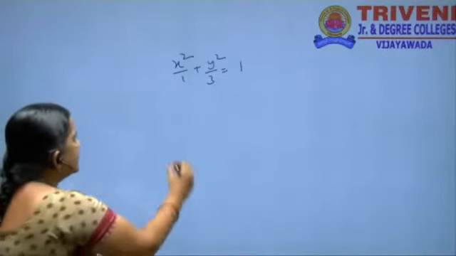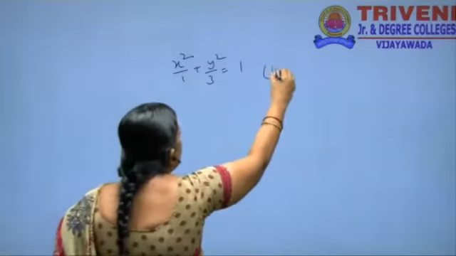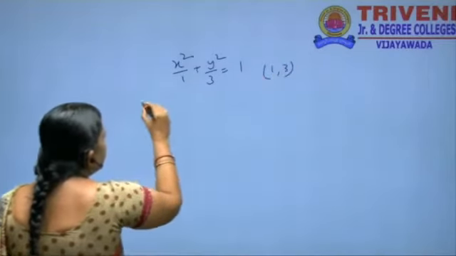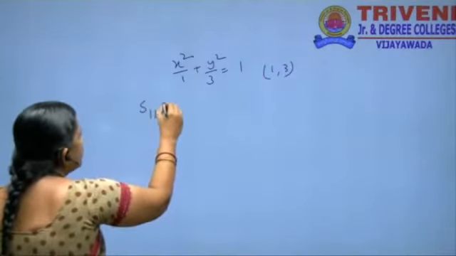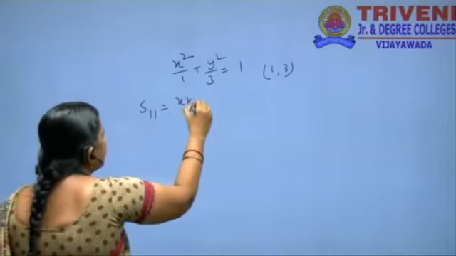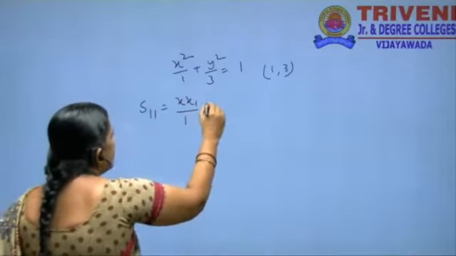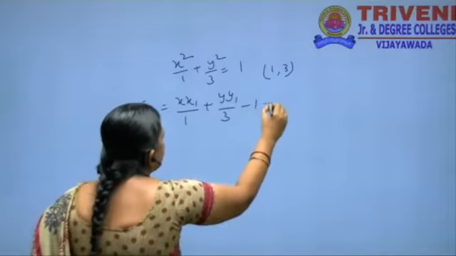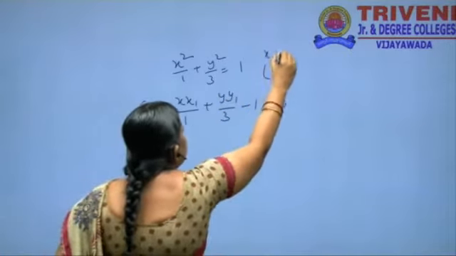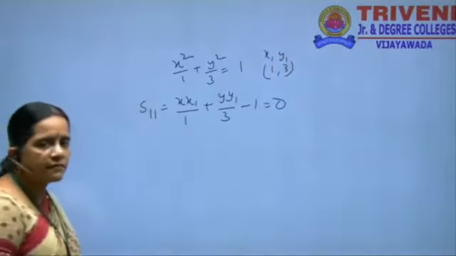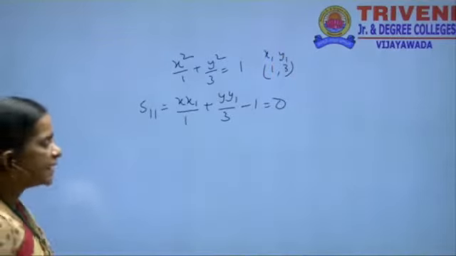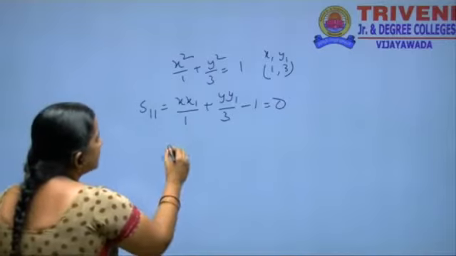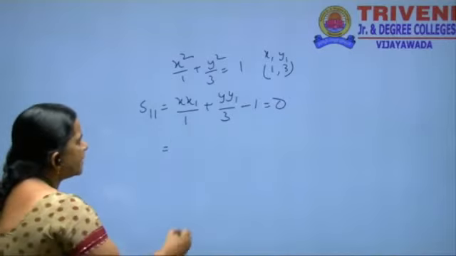Here the point is (1, 3). Then we have to write S1 in the form x1 by 1 plus y1 by 3 minus 1 is equal to 0. This is the point x1, y1. Then substitute the values in place of x1 and y1 here.